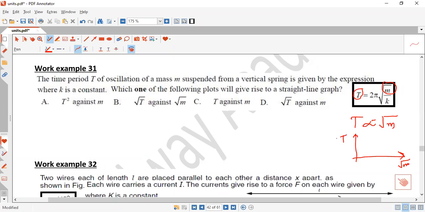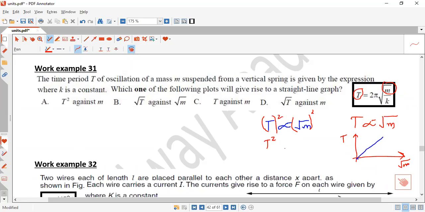Saad, am I right up till now or not? Tell me. Yes, sir. Okay. But there is no option like this, T versus square root m. So now what do we do? We think of another option, like we square both sides. So squaring this and squaring this, what do we have?